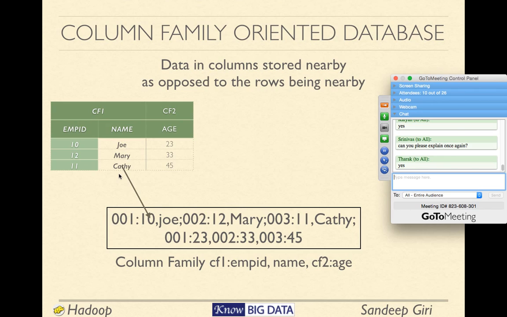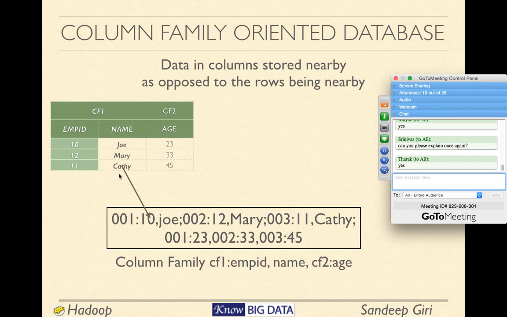In a column family oriented database, the data in a column family gets saved first and then the next column family gets stored. So the data of CF1 will get stored first in a row oriented manner, meaning 10 Joe, 12 Mary, 11 Kathy.